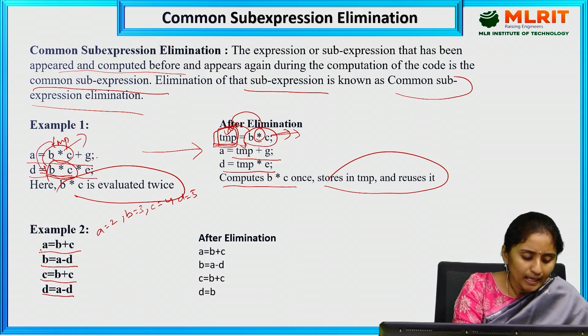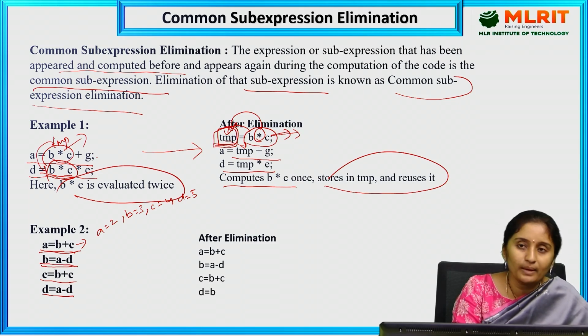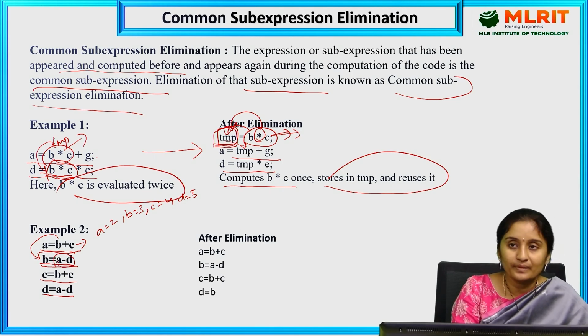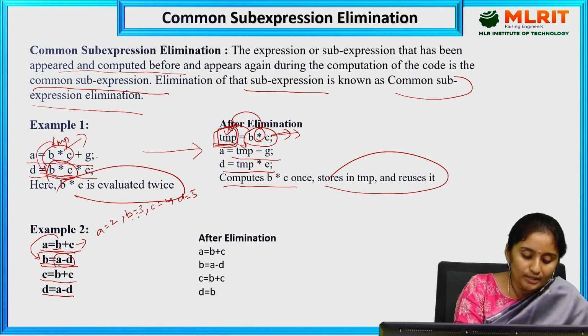So here A equal to B plus C. The first statement is going to be executed. The next one is B equal to A minus D. So the second statement is executing. From the first statement, the B value is given as an input on the right-hand side, and it is going to store A minus D. Initially the B value is 3.